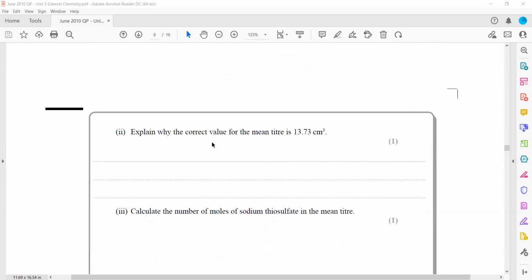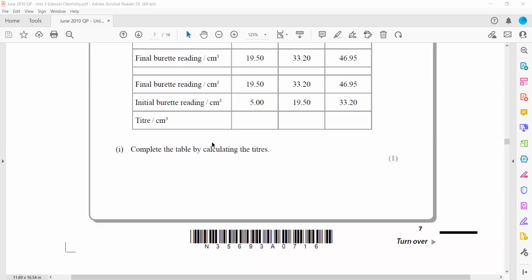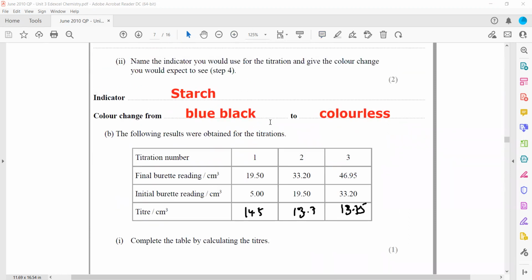Then explain why the correct value for the mean titer is 13.73. Because 14.5 is not concordant to 0.1, like it is not within the range. Any value which is 0.1 more or 0.1 less we can use in our calculation, but 14.5 is more than 0.1 away.